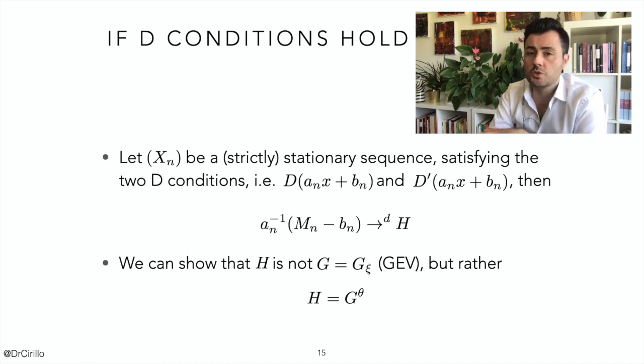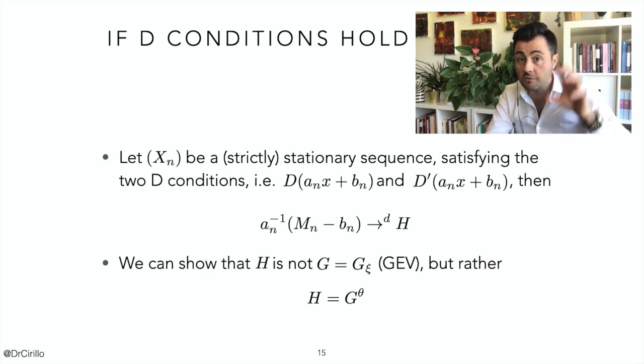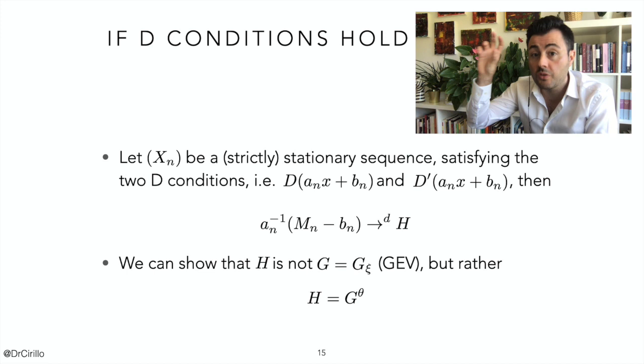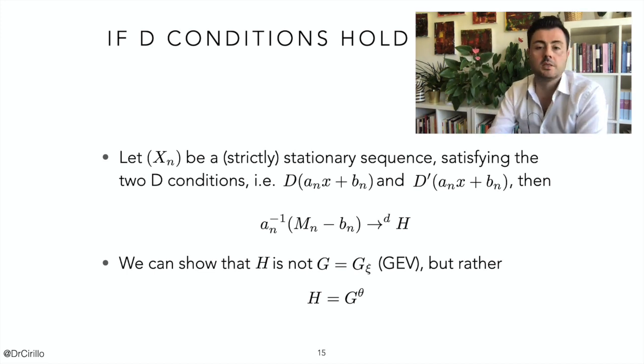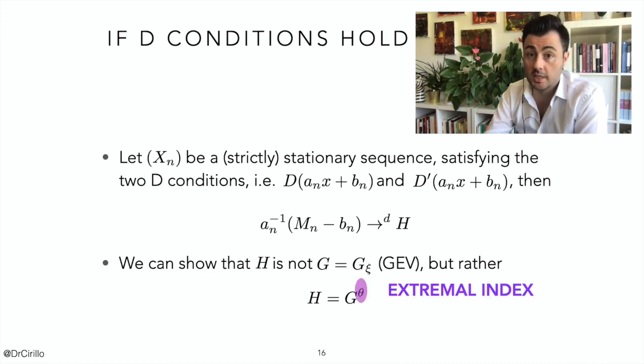But this distribution is no longer the GEV that we have considered before, but a distribution H. This distribution H is nevertheless one that we can characterize: it is a GEV to the power theta, where theta is the so-called extremal index.